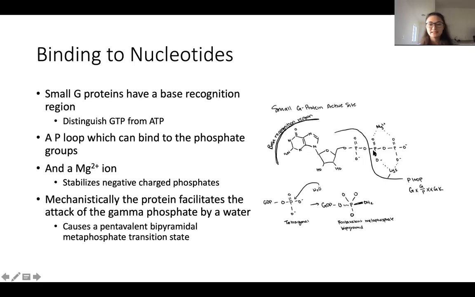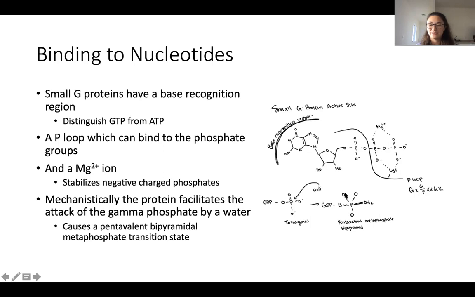And mechanistically, the way that this protein is going to allow the cleavage of this last phosphate is it will take a water, activate it so it is able to nucleophilically attack this phosphate here. As you should know from organic chemistry, when that happens, this bond is going to go up and we'll get to this pentavalent metaphosphate bipyramidal transition state.